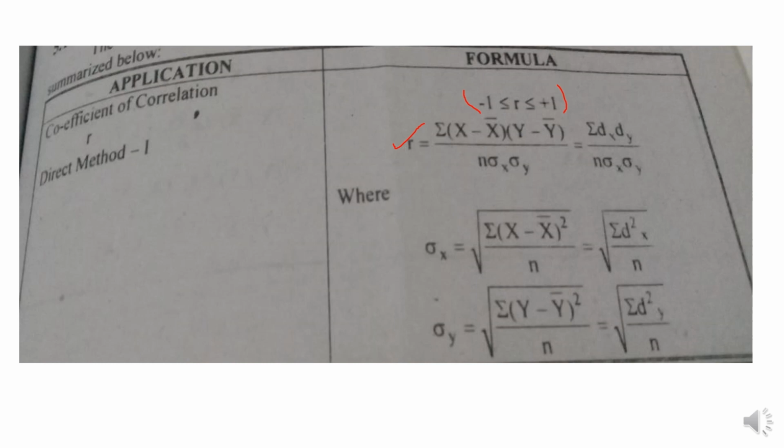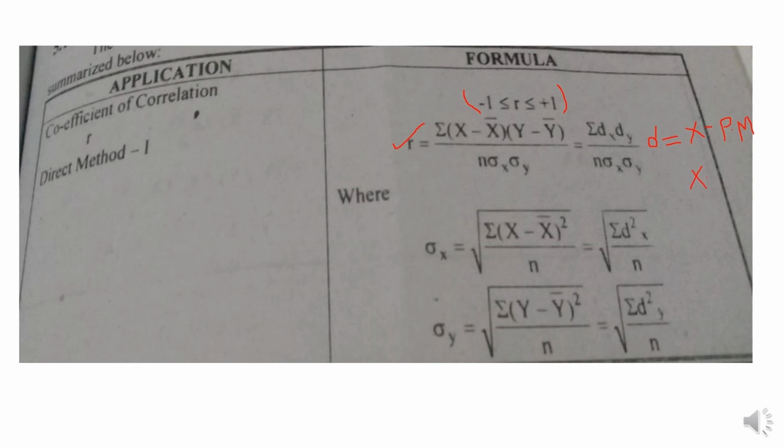We have already discussed this in the coefficient of regression class, that for d we use the formula d equals x minus provisional mean, or we can say x minus a.